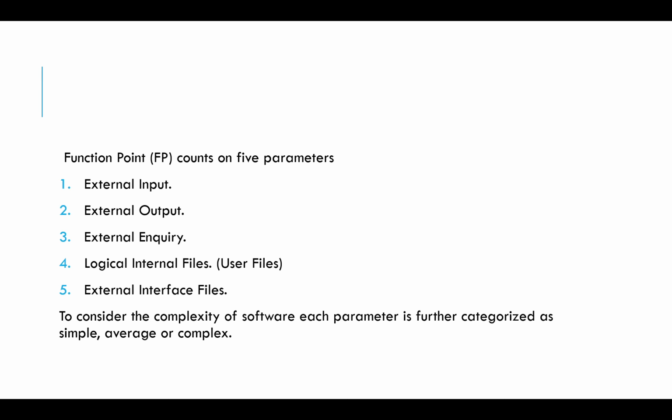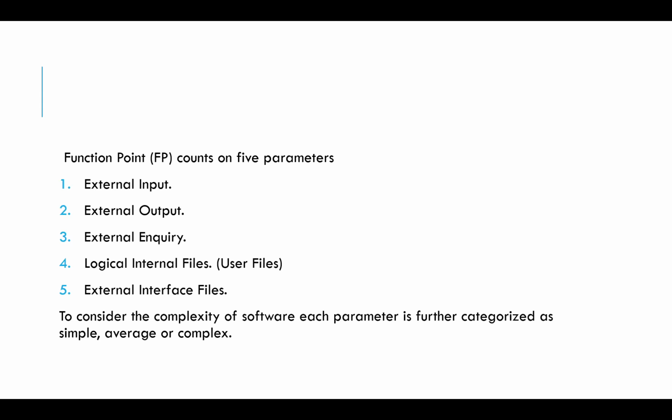There is a table also given where the weightage of each parameter has been given. You have to just remember it. Sometimes in MCQ questions, the table or the values are already given, but for the safer side, you should remember the table. It's very easy to remember.